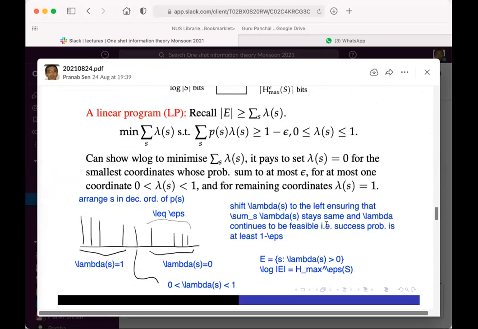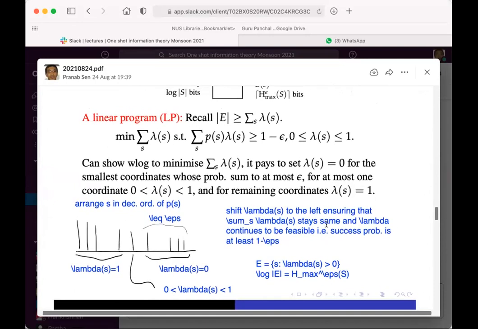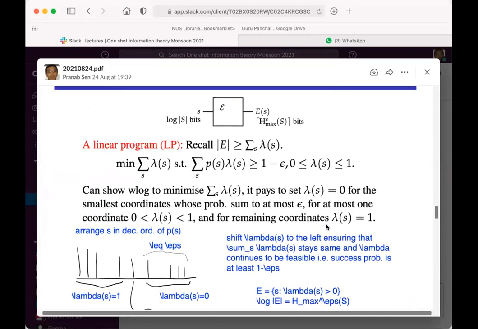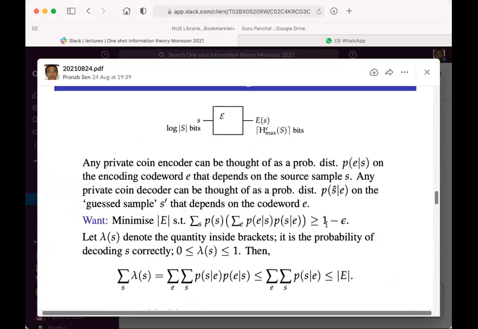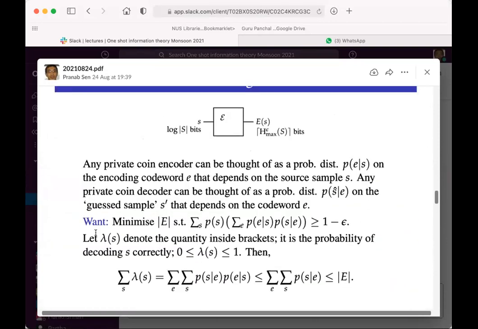So this has the shifting argument. Ishan, is the LP formulation clear? Yes. So recall we have mathematically modeled the process of encoding the sample S, which is outputted by the probabilistic source, and then decoding.